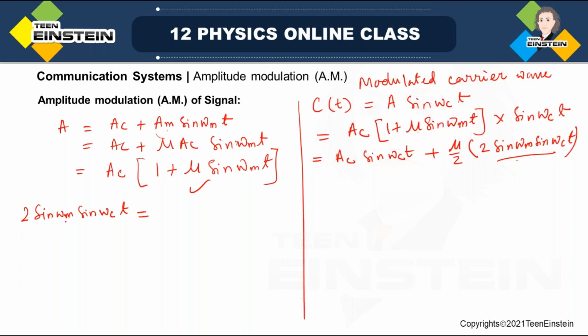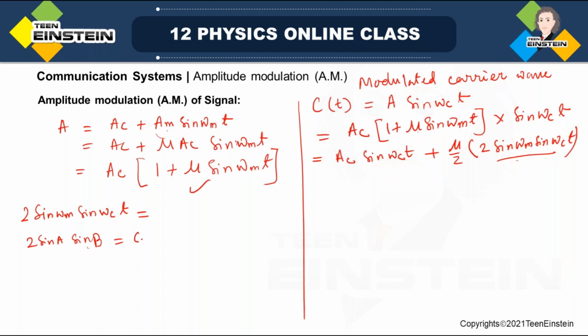So if I say this is a and this is b, 2 sine a sine b can be expressed in terms of addition. This is multiplication type, so you can make it to subtraction or addition type.